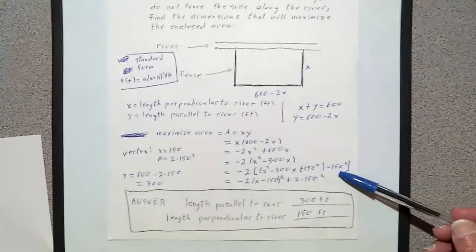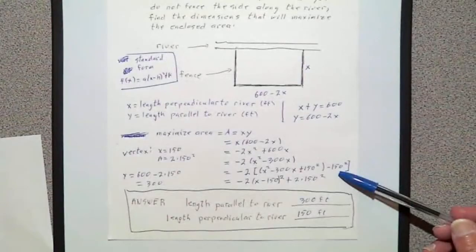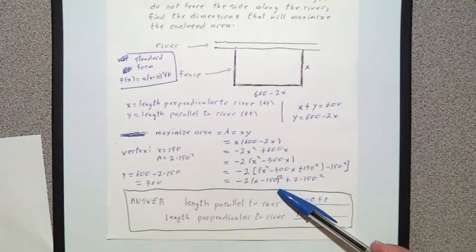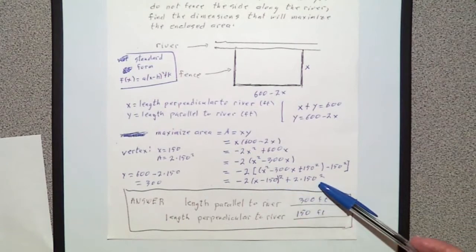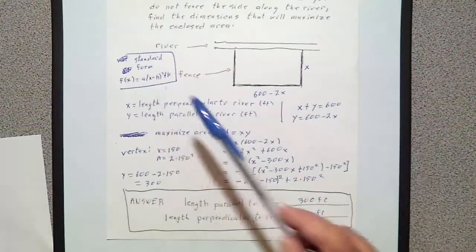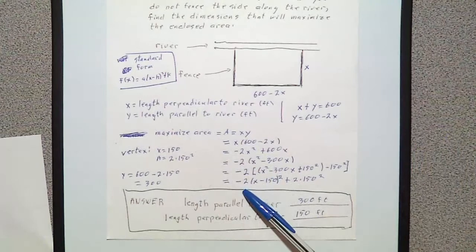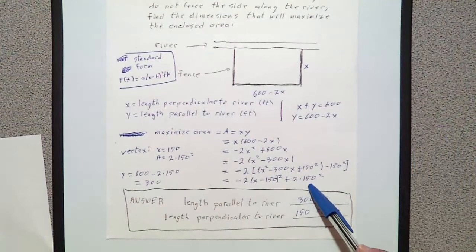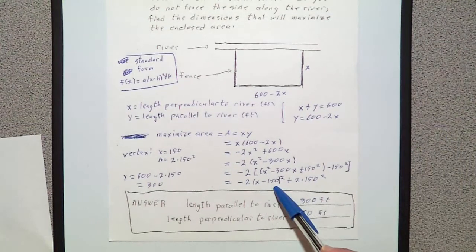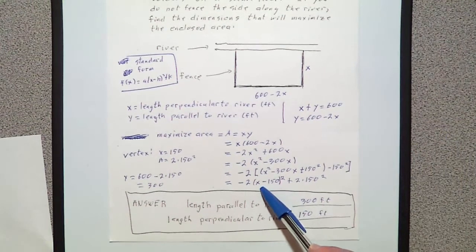We add 150 squared, subtract 150 squared, and we get the area is minus 2 times the quantity x minus 150 squared plus whatever this number is. Okay, and this is standard form. a is negative, so it opens down. The maximum area is this number, but that's not asked in the problem.